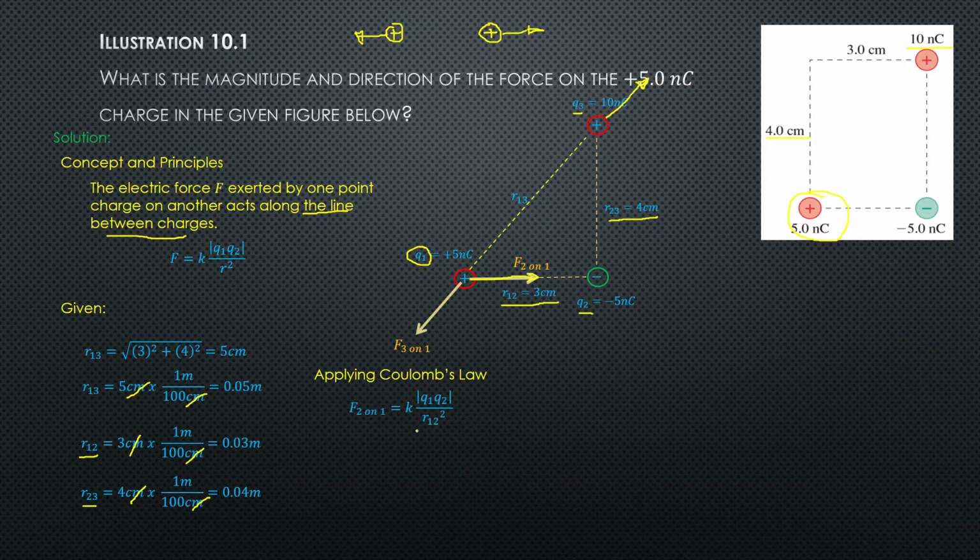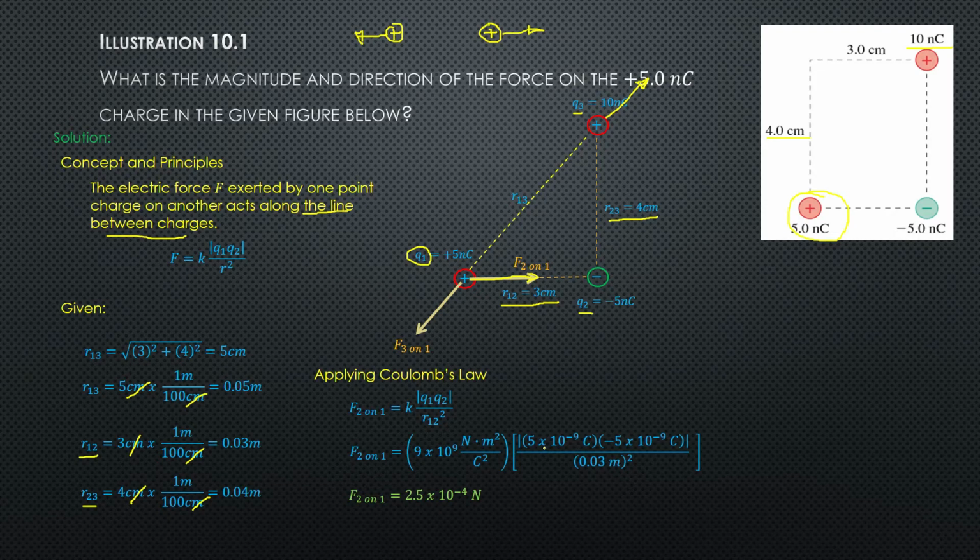Substituting the values, the proportionality constant K is 9 times 10 to the 9 newton meter squared per coulomb squared. The charge Q1, absolute value, is 5 times 10 to the negative 9 coulomb, since nano is times 10 to the negative 9, and charge 2 is negative 5 times 10 to the negative 9.